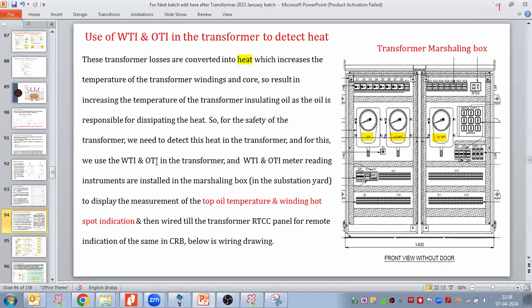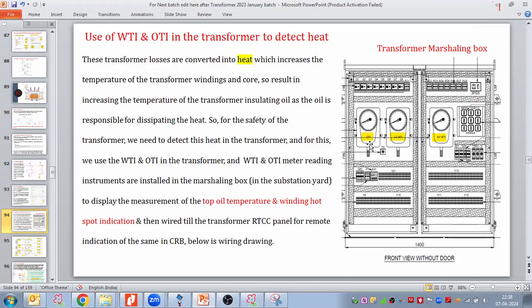So WTI and OTI are used in the transformer, and the WTI and OTI meter reading instruments are installed in the transformer marshalling box in the substation yard. Here I have taken the transformer marshalling box inside view, front view without door, means there is no door. Our door is open on this marshalling box, and in that case we can see the meters.